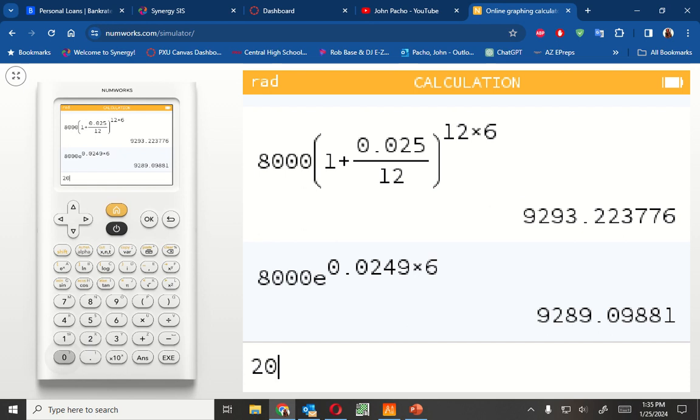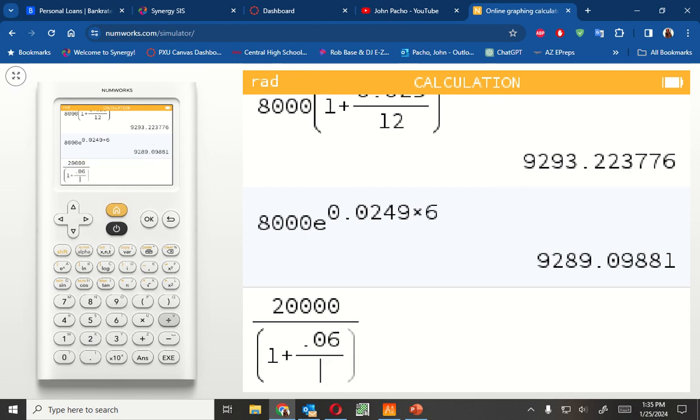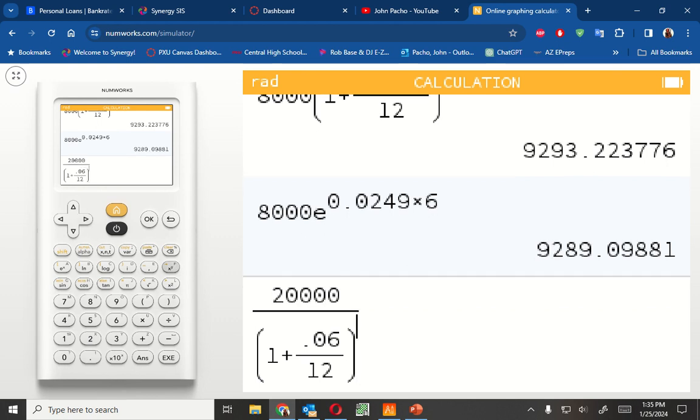So 20,000 divided by open 1 plus 0.06 divided by 12, close, 12 times 5 years. Yes?